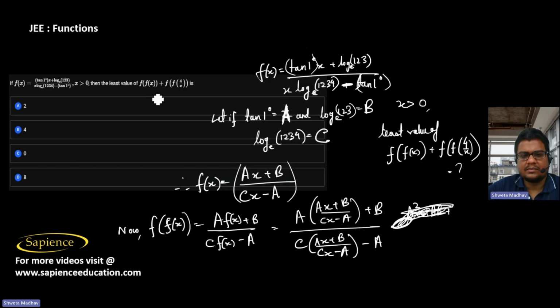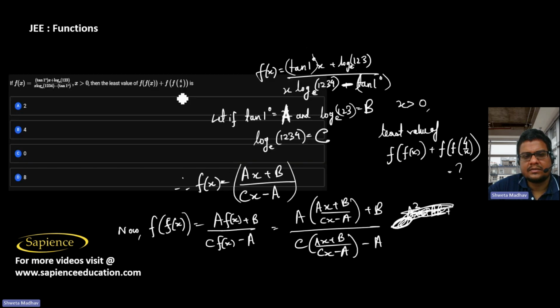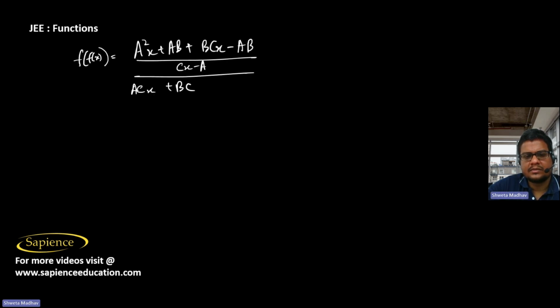So that will be equal to a square x plus ab, plus this will be b into (cx minus a), which is bcx minus ab, divided by cx minus a, divided by this will be acx plus bc, then minus acx, then plus a square, divided by cx minus a.